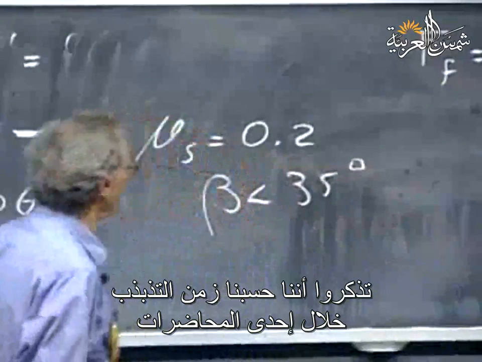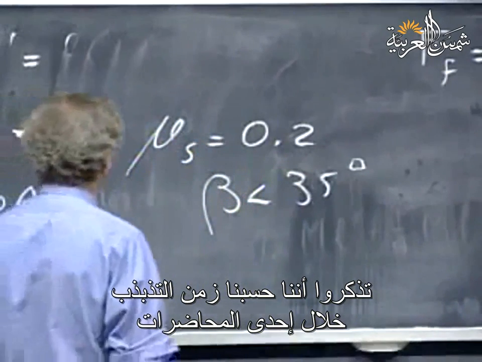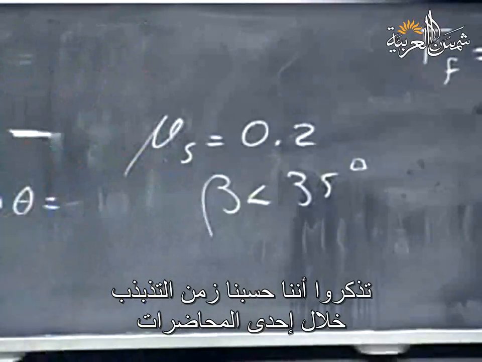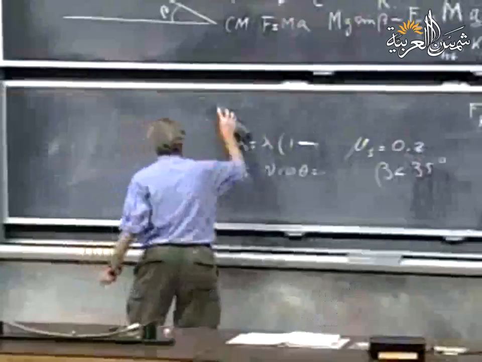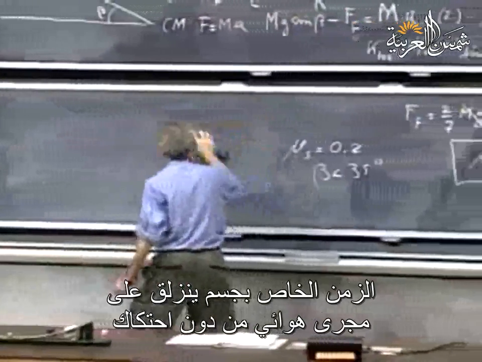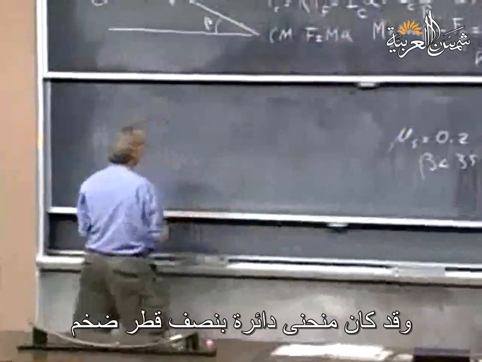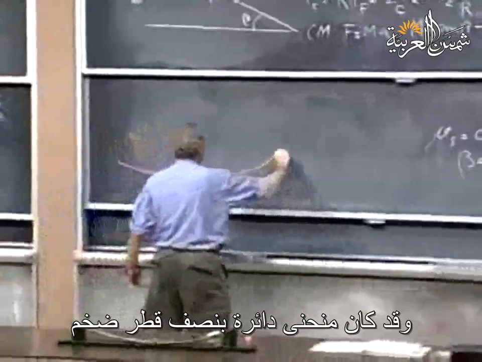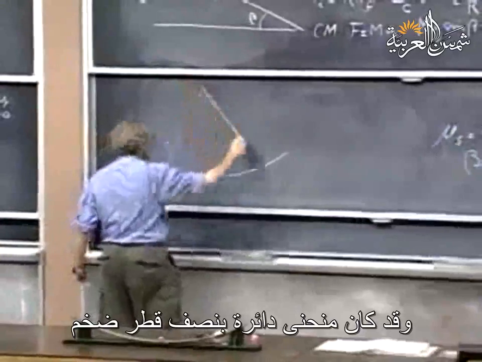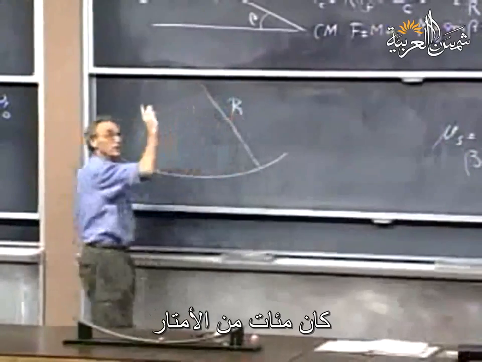Remember that during one of the lectures we calculated the period of oscillation of an object that was sliding on an air track without friction. And it was a curve of a circle. It had a huge radius, hundreds of meters.